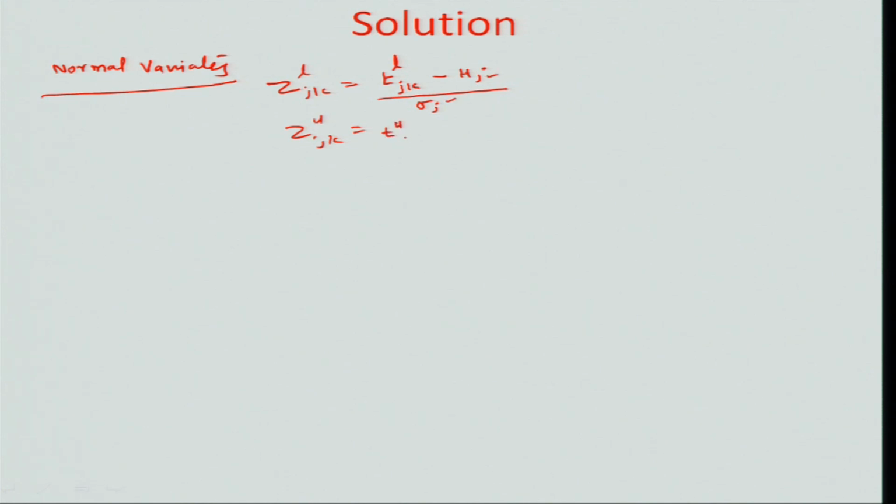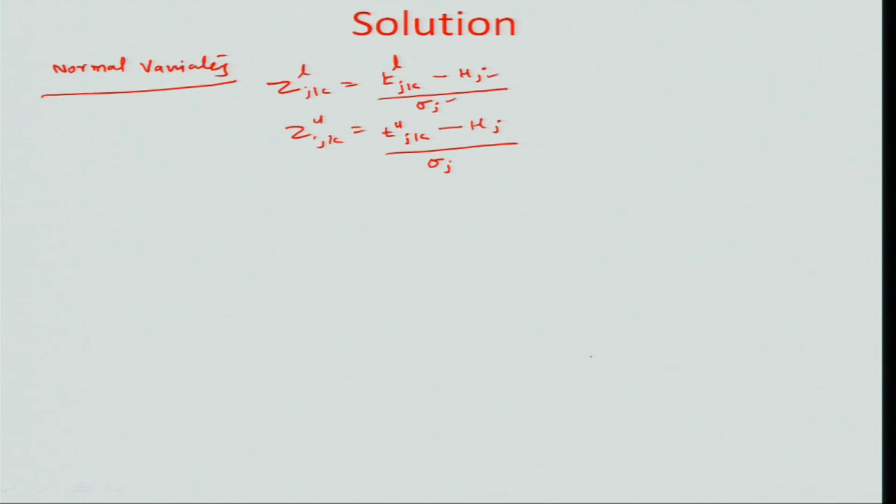Similarly, on the upper side, it is the upper specification limit minus the process mean, divided by the process standard deviation given by the machine manufacturer.